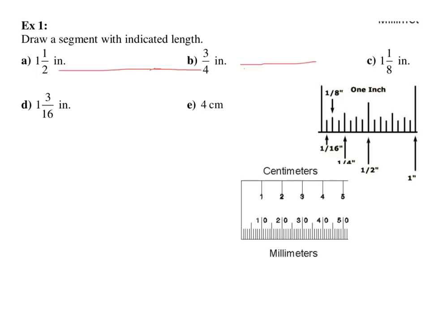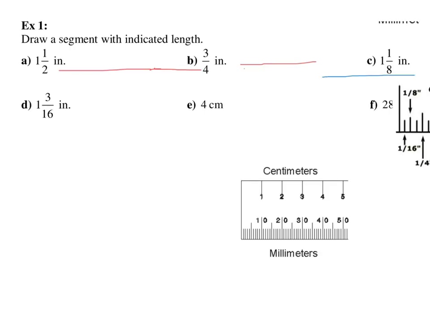I'm going to do it in blue. 1 1/8 inch. So here's 1 inch. And hopefully I could squeeze this in here, which I can. Awesome. So that's 1/8 inch there. And 1/8. There we go.